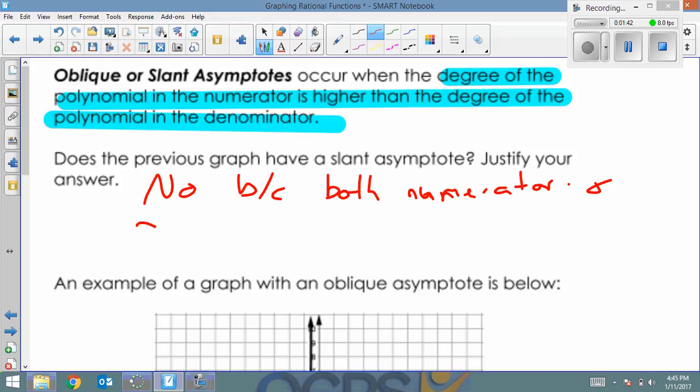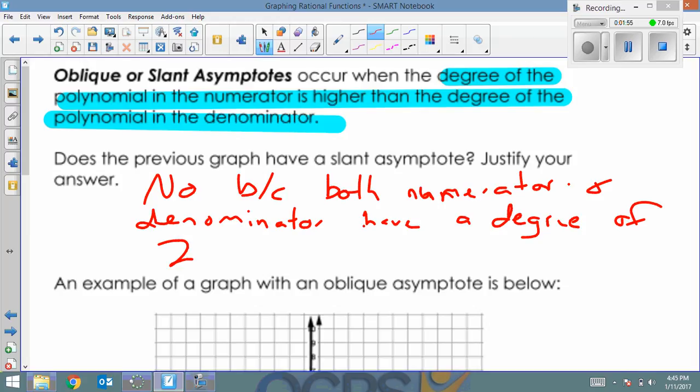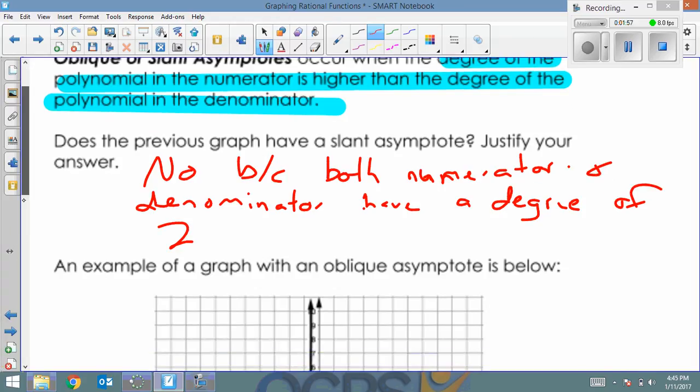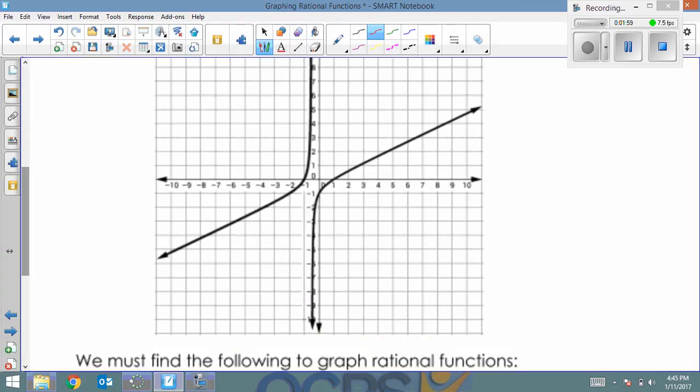Below here is an example of one with a slanted asymptote. As you can see, the graph approaches this line but doesn't actually cross it. That's the y equals x line.